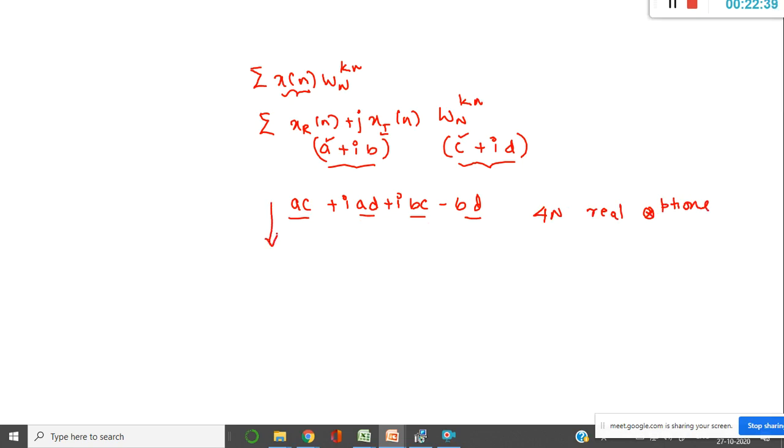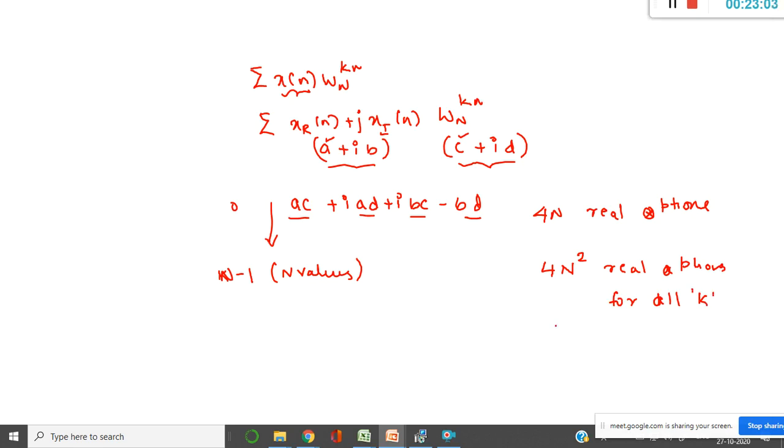Therefore, of such, from 0 to n minus 1, which means there are n values, to calculate the entire set I require 4n square real multiplications.